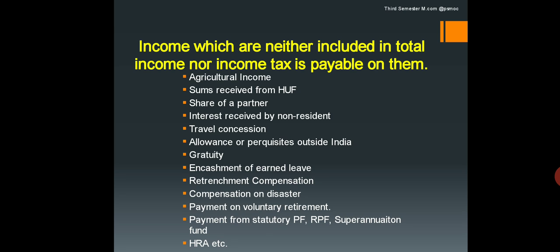So if one member of the HUF receives some money from the karta, he need not pay any taxes for that. And share of a partner of business, interest received by non-resident, and travel concessions, allowance or perquisites outside India. If anyone receives allowance or perquisites outside India, this is not taxable.